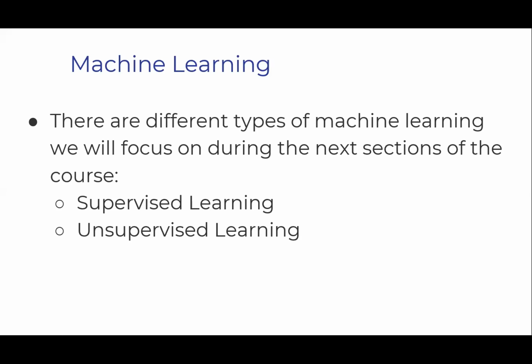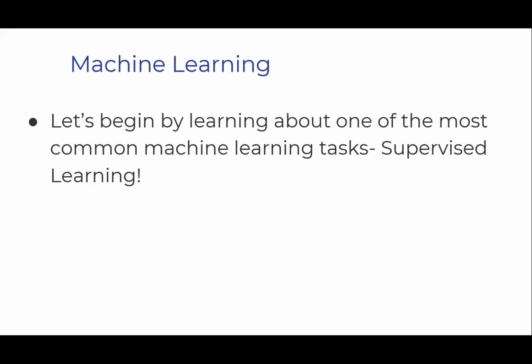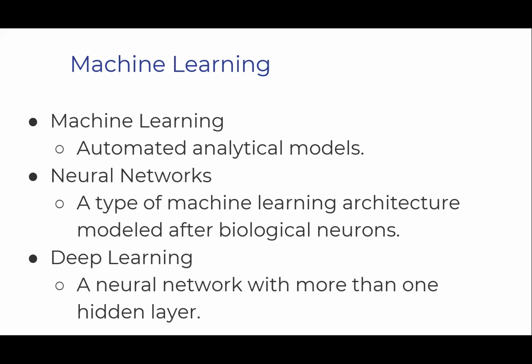There are mainly two types of machine learning: supervised learning and unsupervised learning. In supervised learning, we saw that we have examples with labels, and in unsupervised learning, we have just examples, but there are no labels. Just a quick intro to machine learning, neural networks and deep learning.